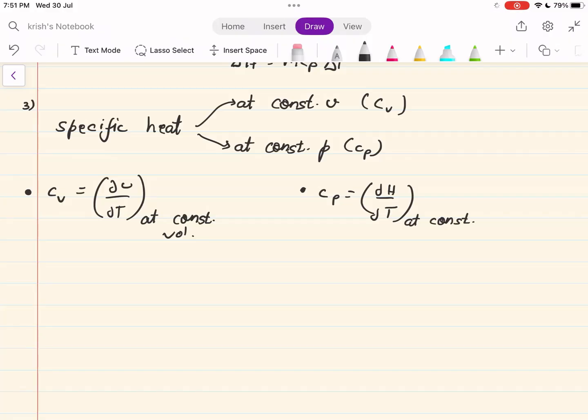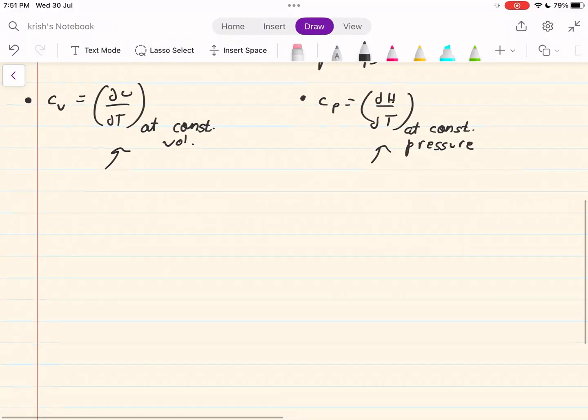I could show you the derivations of these, but personally I feel that they're not very important. However, if you do wish to take a look at the derivations, you can find the link of the notes in the description, and from there you can check out the derivations as well. But these will suffice.